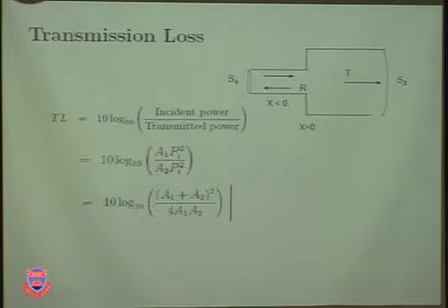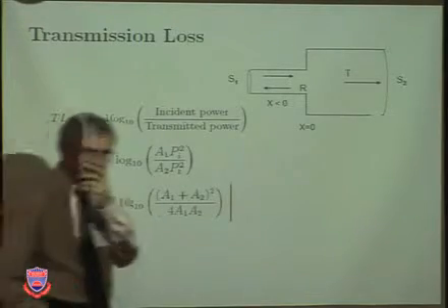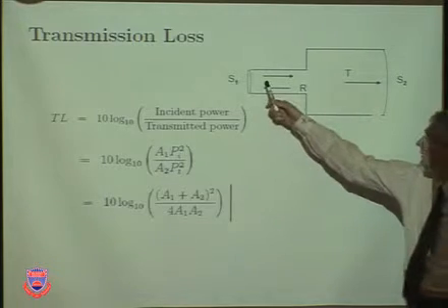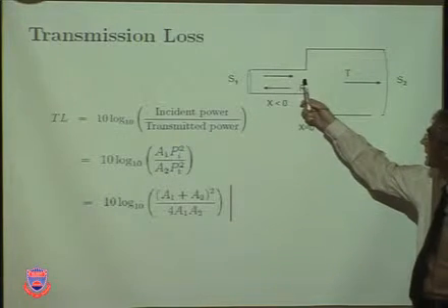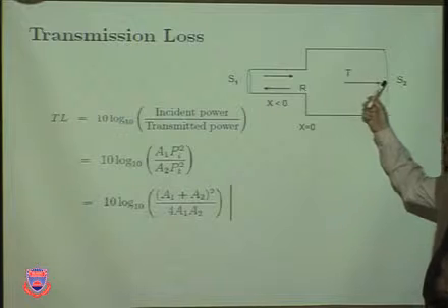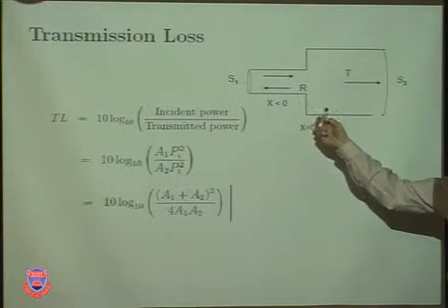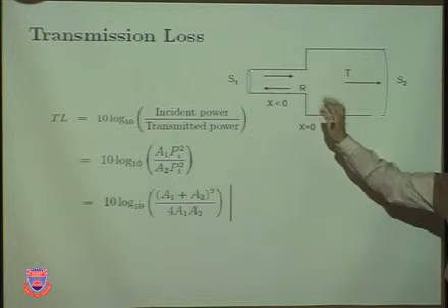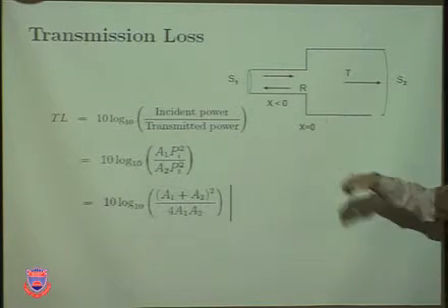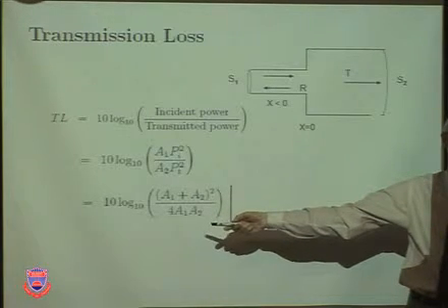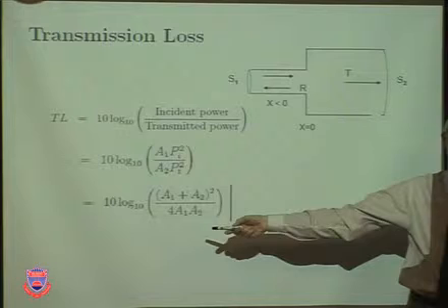Now, what is important here? This was derived for sound wave coming from one side going to the other and some of it being reflected. You see this figure is slightly different than the one I showed you before. It was the other way around, okay? If you look at this equation, this has no directionality. So it's true.